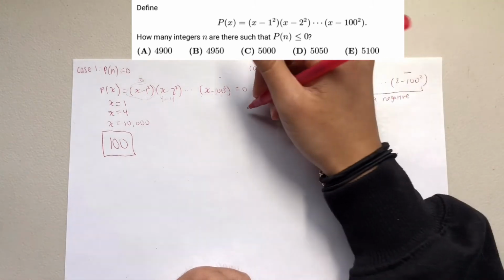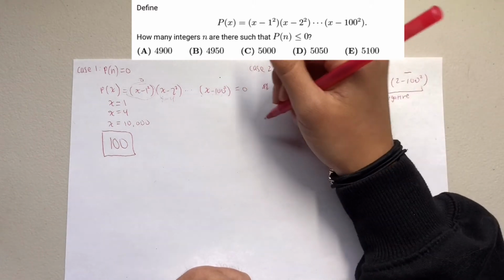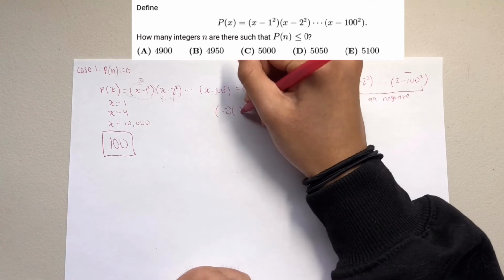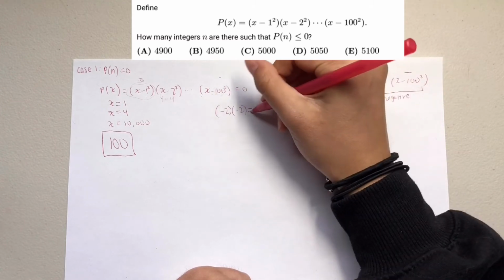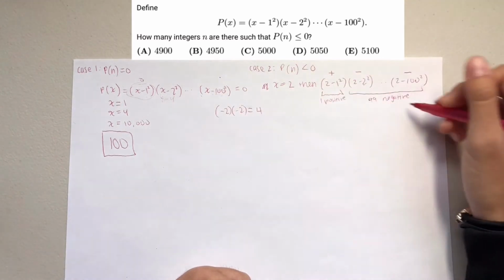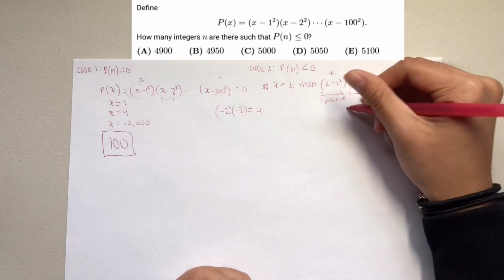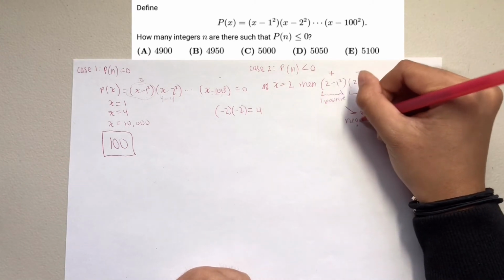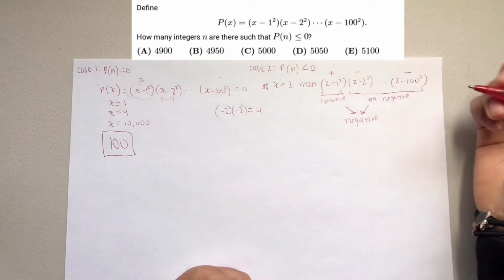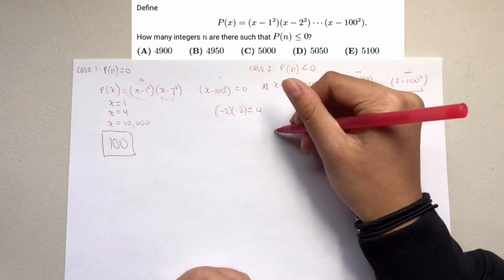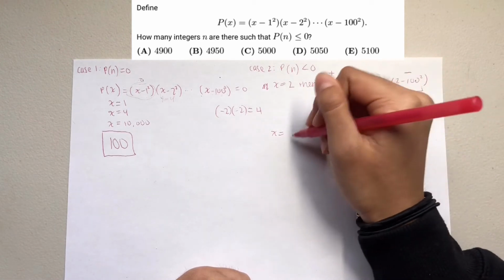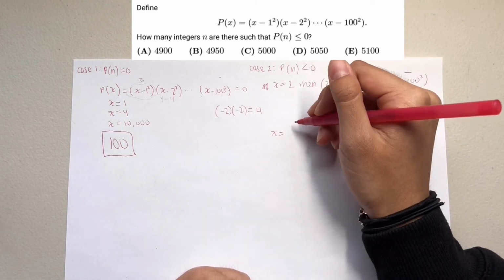Now remember that 2 negatives is equal to 1 positive. So for example, negative 2 times negative 2, 2 negatives is equal to 1 positive. So that means here this would equal a negative. I'm going to experiment some more. Let's say x is equal to 5.